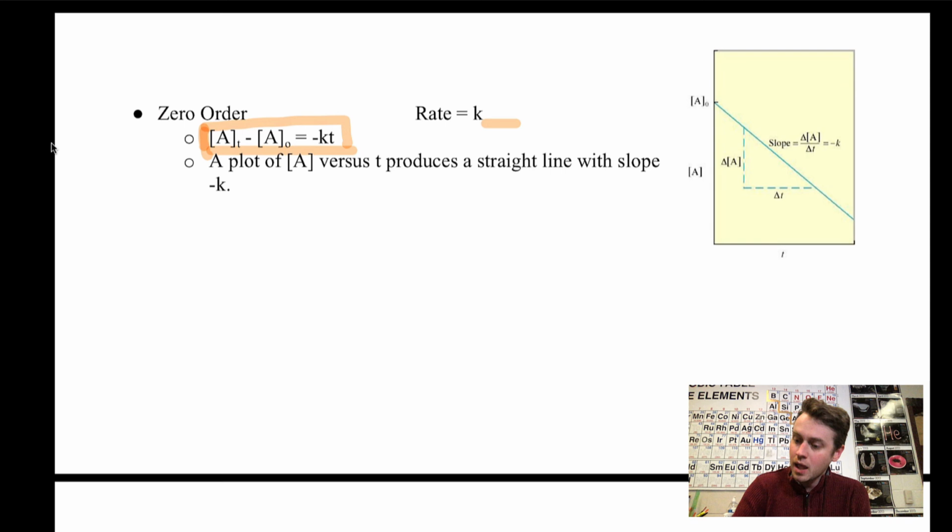And you'll notice once again, it's time minus time 0, and then on the other side we have negative kt just like we had for first order. The difference is the natural logs aren't there. So you can start to see this pattern here, and you'll see right here that when we plot the concentration of A versus time and we end up with a straight line, that is a zero order reaction.